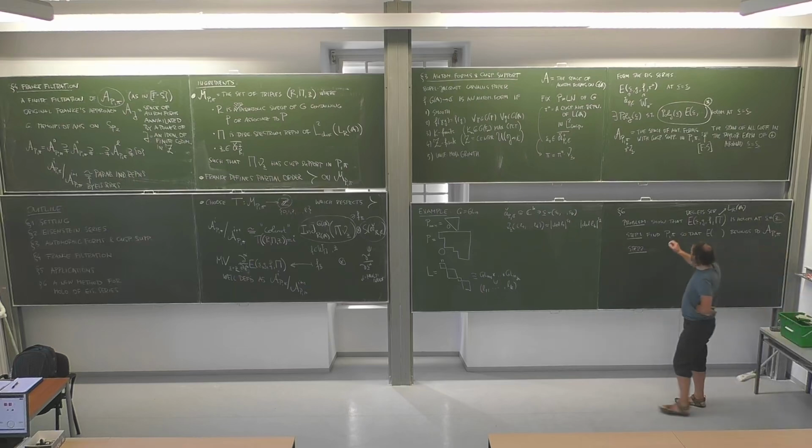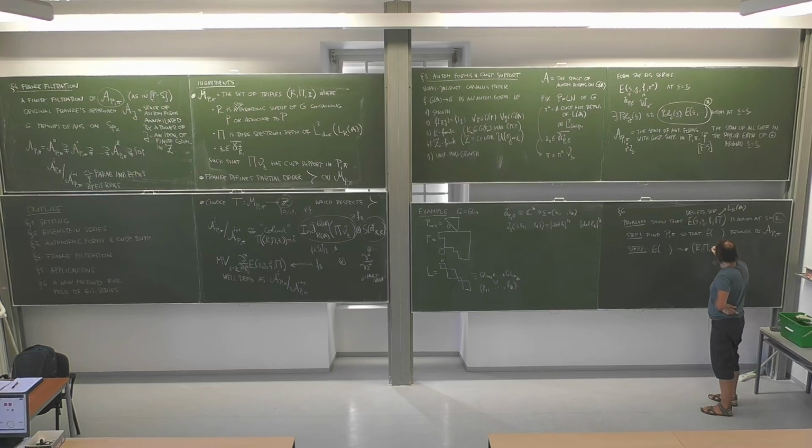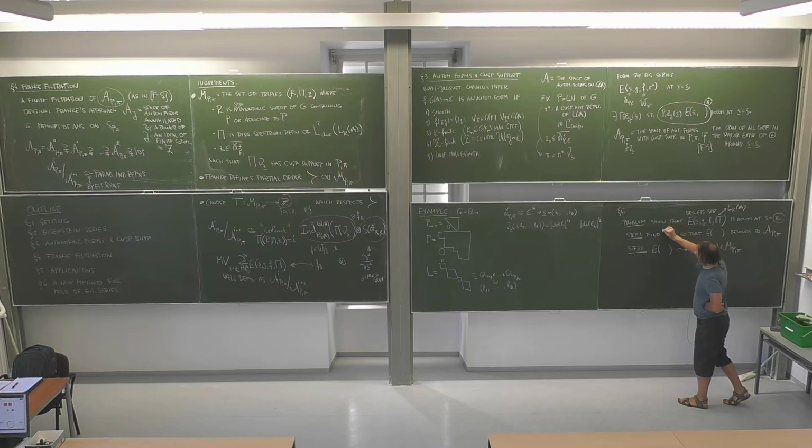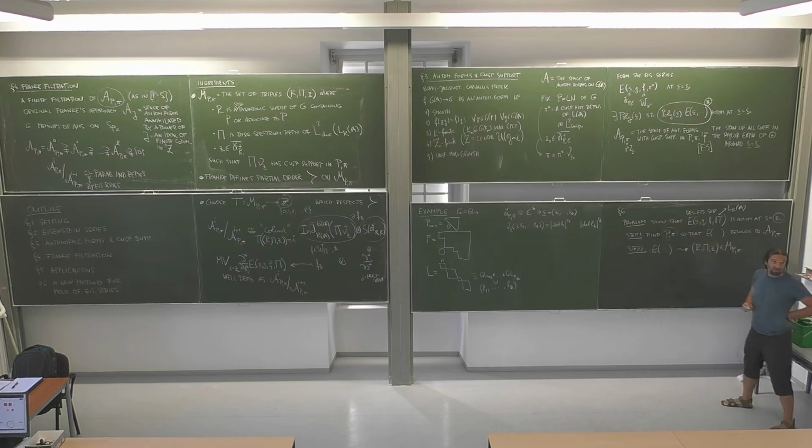So this degenerate Eisenstein series corresponds by its construction to some triple (r, pi, z) belonging to this set of triples for the cuspidal support that we determined in step 1.